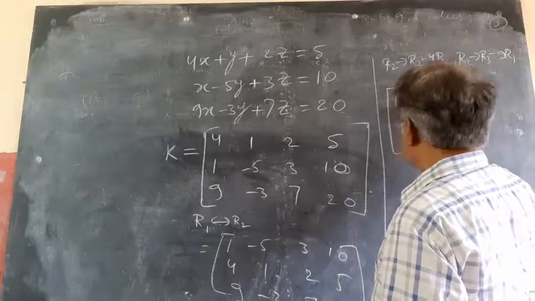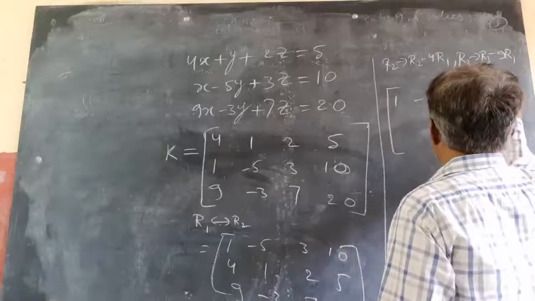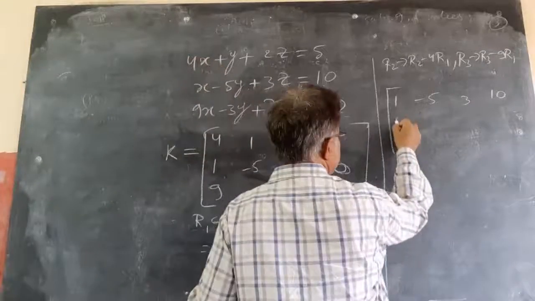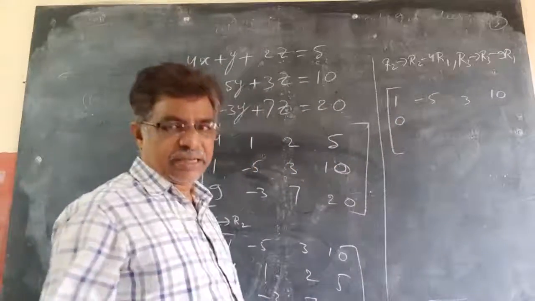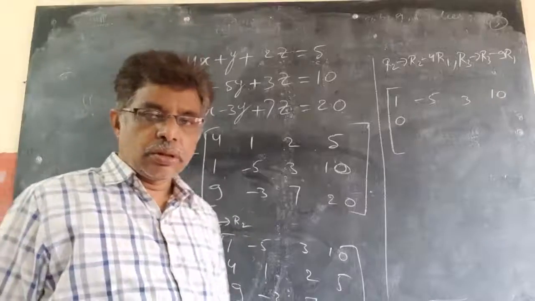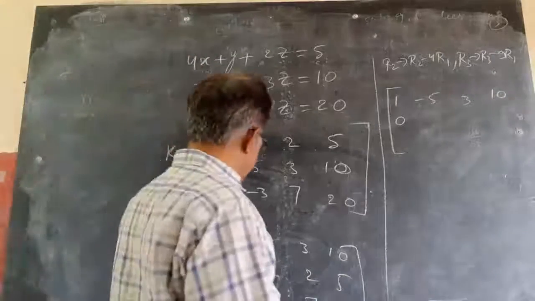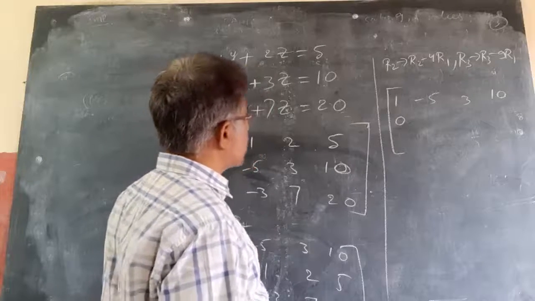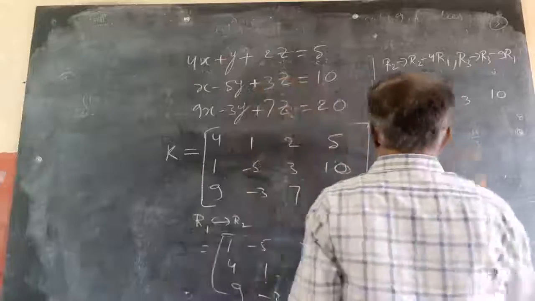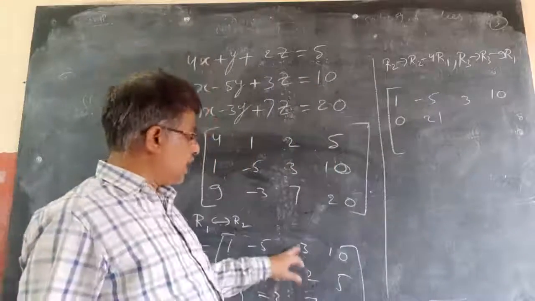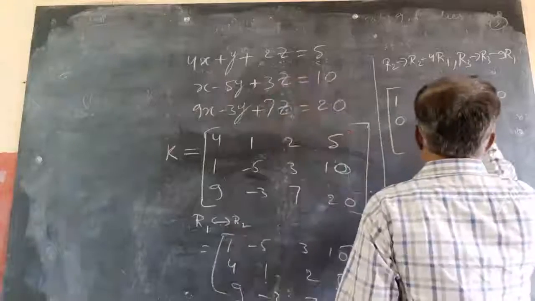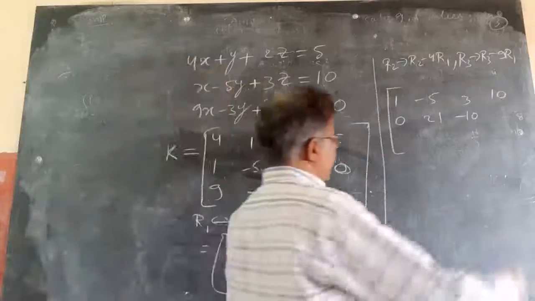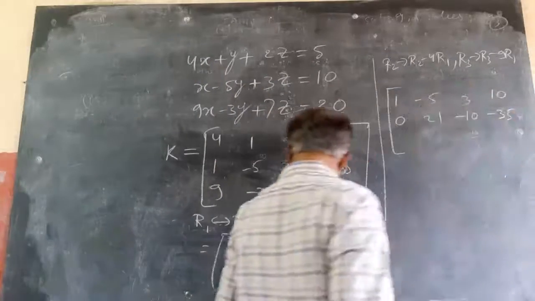First row as is: 1, minus 5, 3, 10. Now, 4 minus 4 is 0. Then 1 minus 4 times minus 5, which is 20, so 1 plus 20 is 21. Next, 2 minus 12 is minus 10. 5 minus 40 is minus 35.